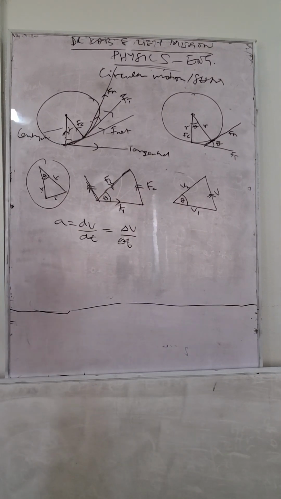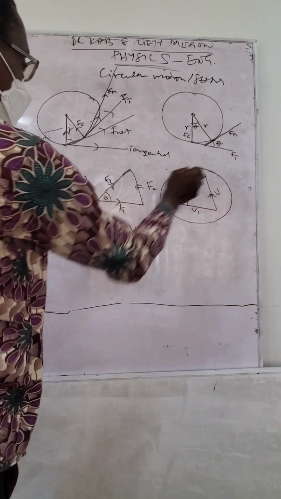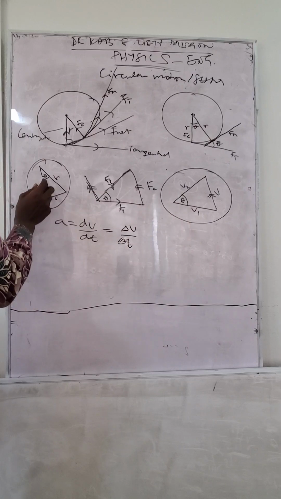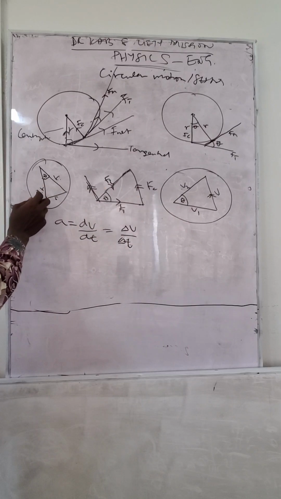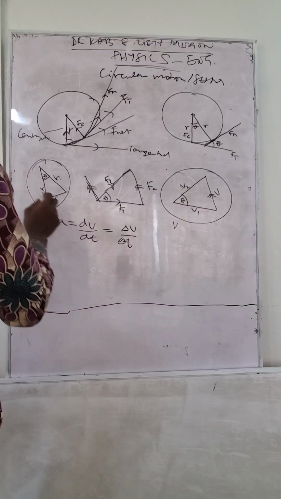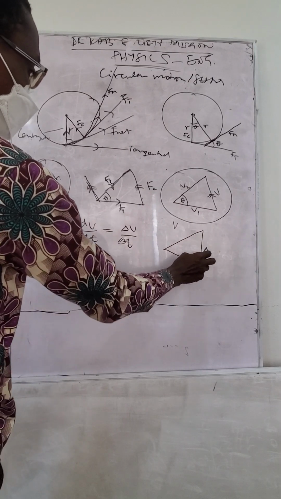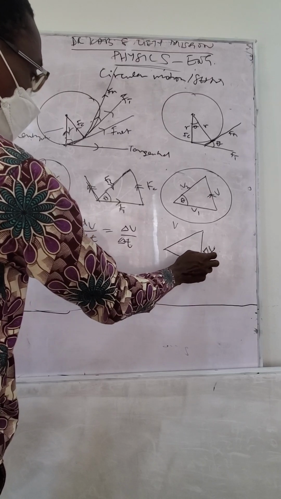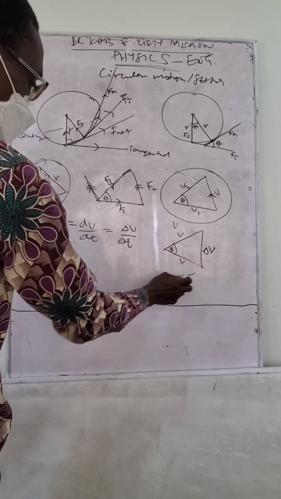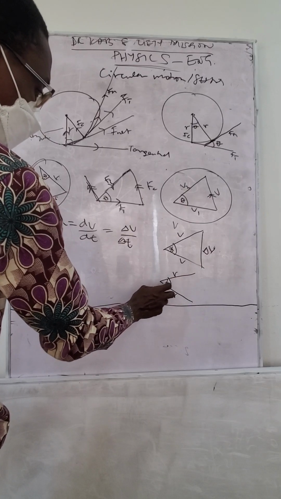Now, let's look at something. This triangle and this triangle, they are similar because we have said this is the theta, this V. Of course, this V and V1 are the same, so V, and this is the same as V. So it's just like saying this changing V, this V, theta, then that is R. This theta.